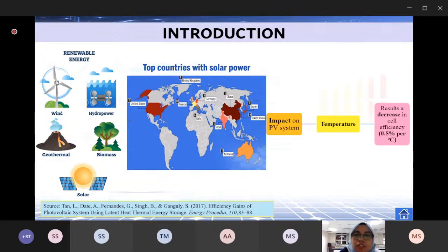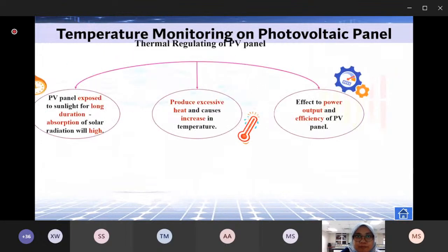Therefore, it is very important to take care of the performance of the photovoltaic panel itself. Temperature is one of the effects that can impact the photovoltaic panel, where too high a temperature may result in a decrease in cell efficiency of about 0.5% per degree Celsius.